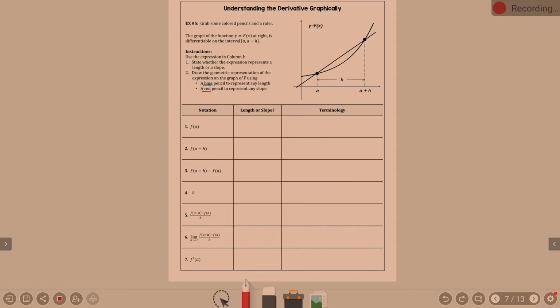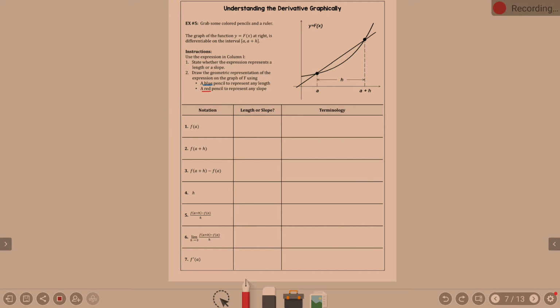So, f of a. What does f of a mean? Not slope. Length. Derivative. But I would put slope and derivative into the same category. All of the above. Okay, let me ask this. What does f of a represent on this graph? The y value, right?